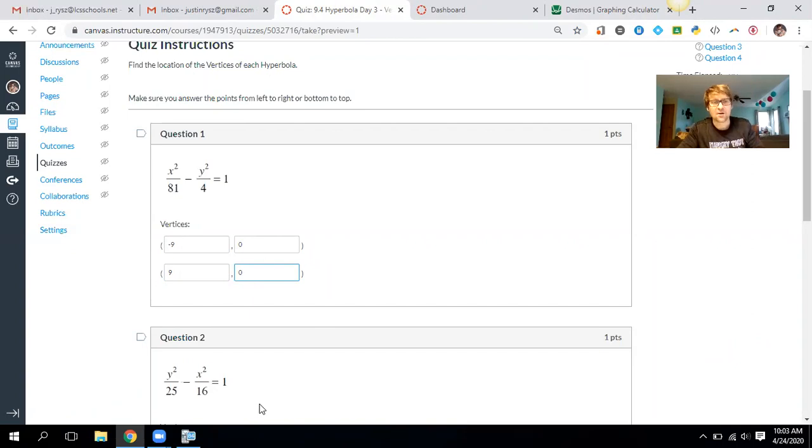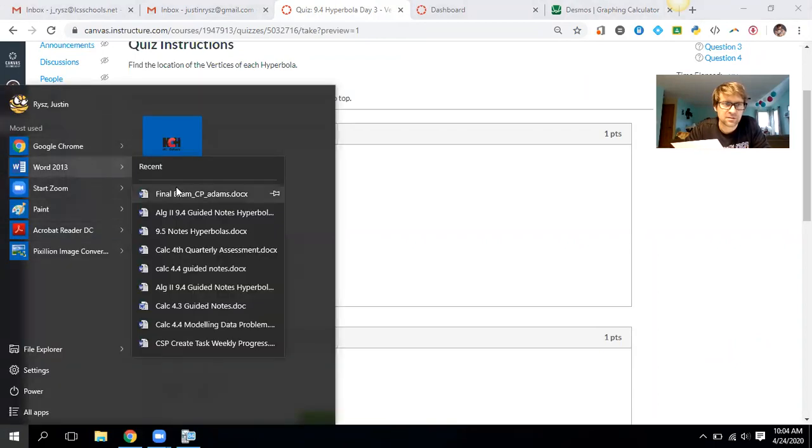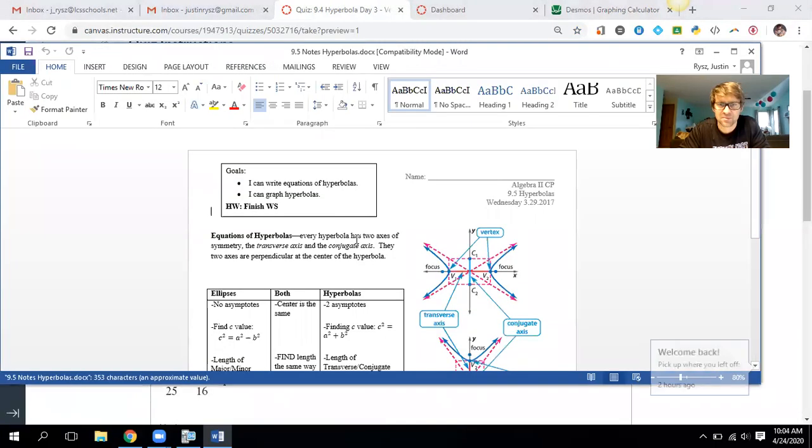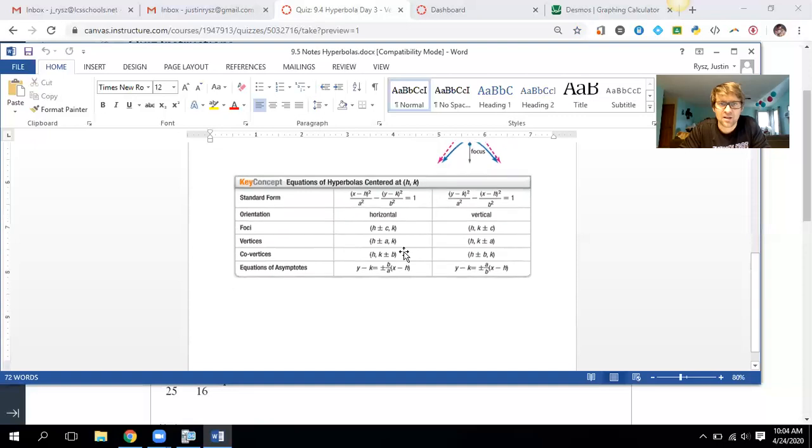Okay, how we can get this without Desmos. If you are a math person and you don't feel like typing this in, you think you can handle it, this is how we can get this. So if we look back at our notes, actually, I think this is a different one, but it'll be the same thing. We have these formulas here.